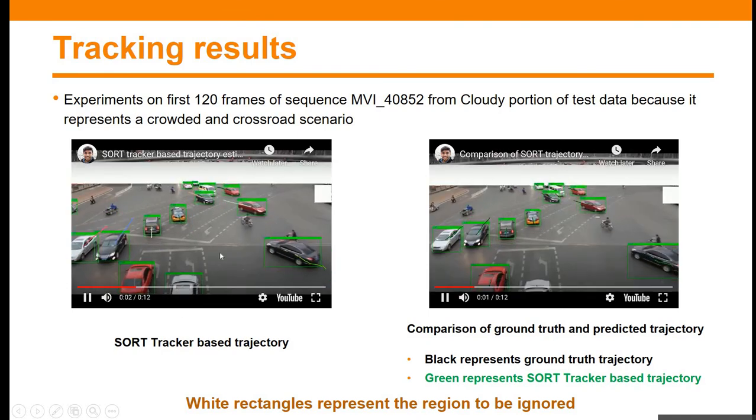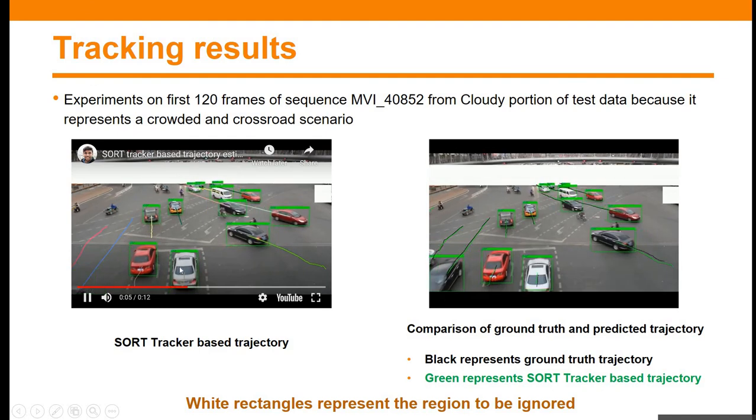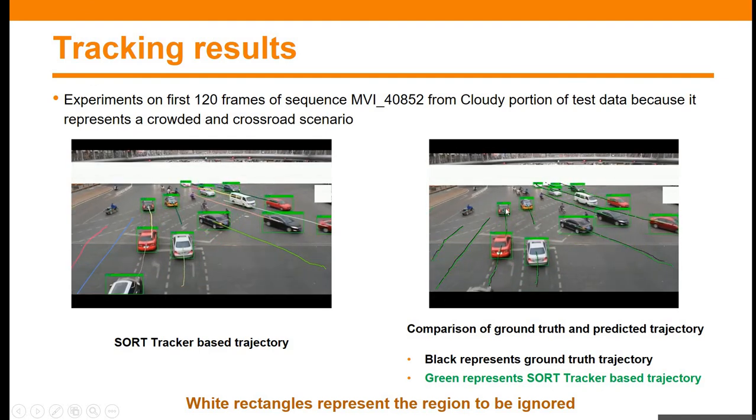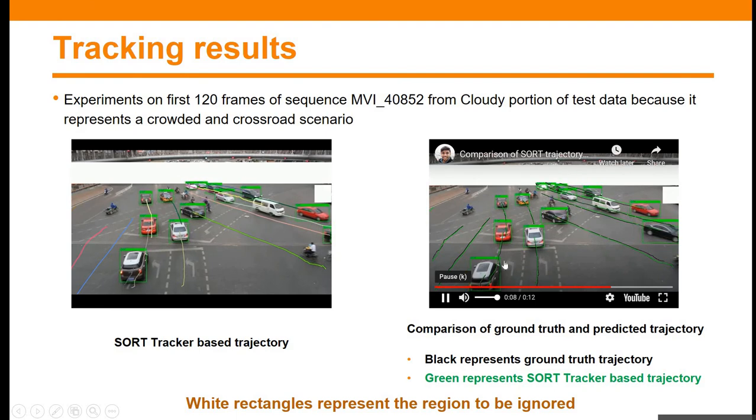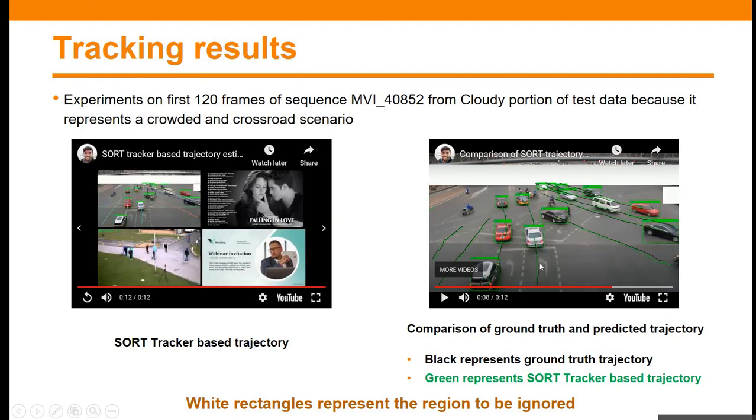This video represents the tracking on these 120 frames, and this is a comparison of ground truth with the predicted trajectory. The black represents the ground truth trajectory and green represents the SORT tracker based trajectory. We see that it is pretty accurate, and very much overlapped. The white rectangles represent the regions that should be ignored.